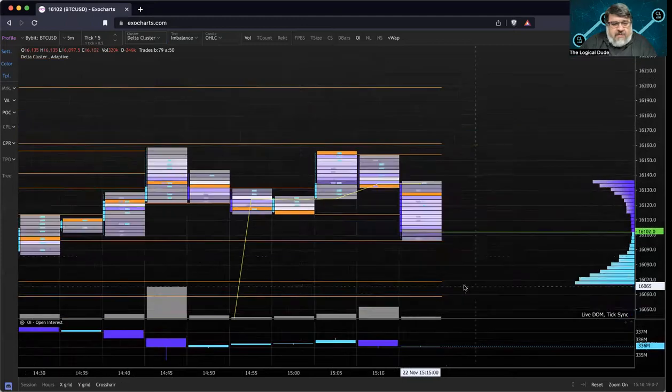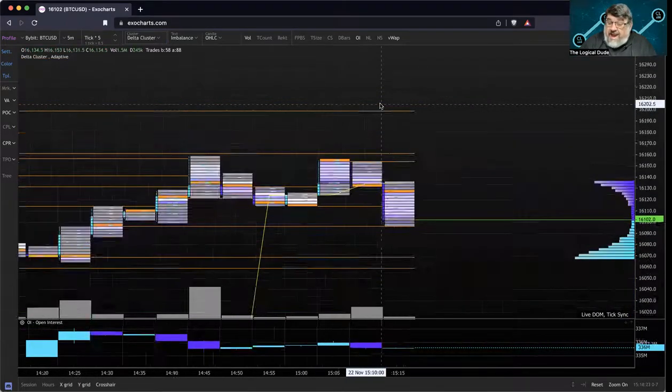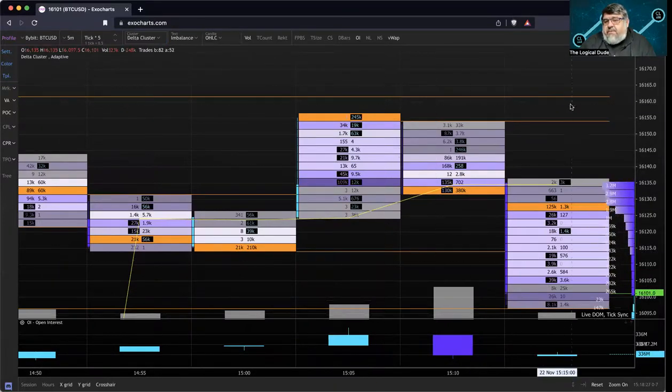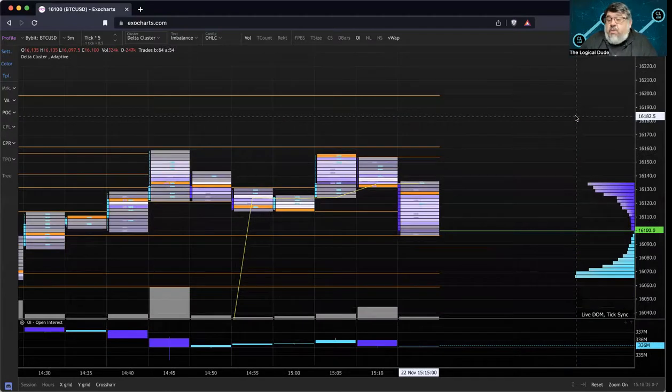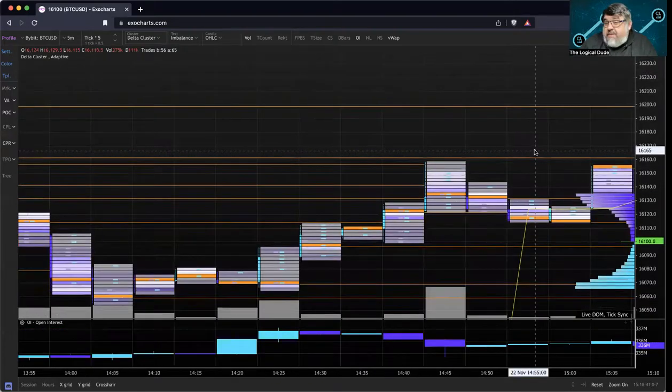All right. And these lines here are the points of control. These are what's called naked points of control. These are basically supply zones that have not been retouched, that have not been retested. A lot of these, the price will eventually come back at one point or another and fill, because what this represents is the orders that could be stuck.